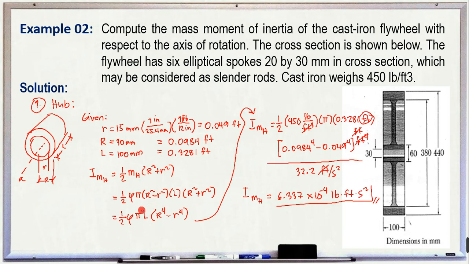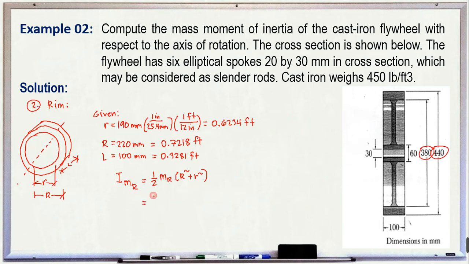It's the same as the previous one, so we copy it: 1/2 density pi, times the length, times r to the fourth minus r to the fourth. Plug in the values: 1/2, this is 450 pound per cubic foot, pi, and the length is 0.3281 foot.